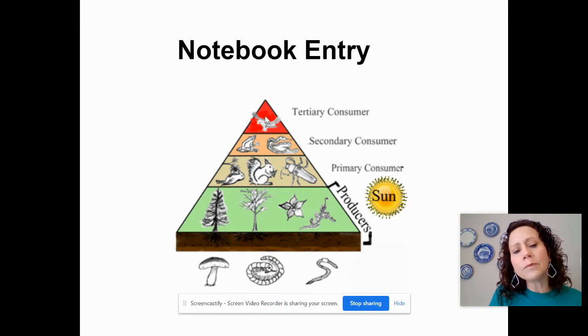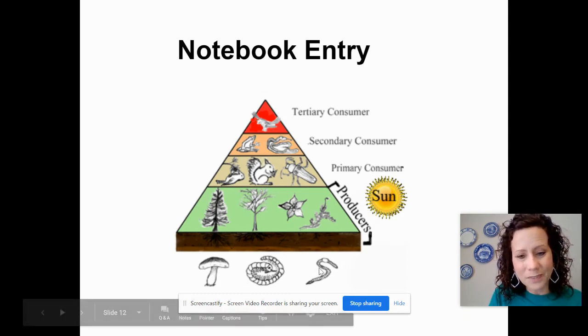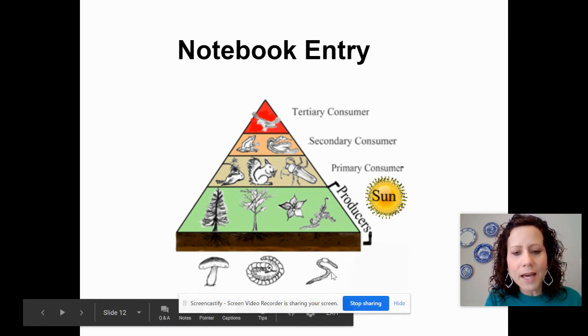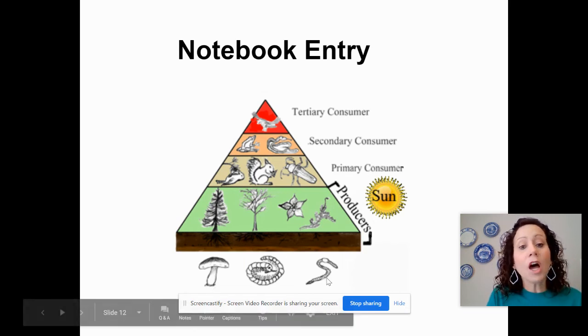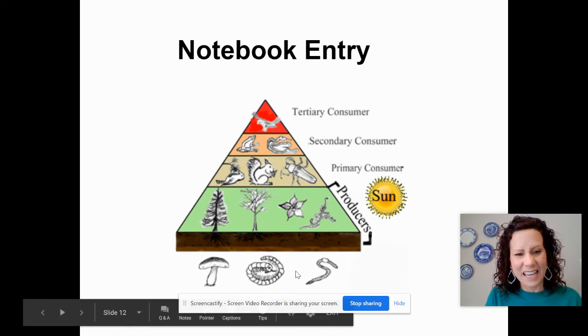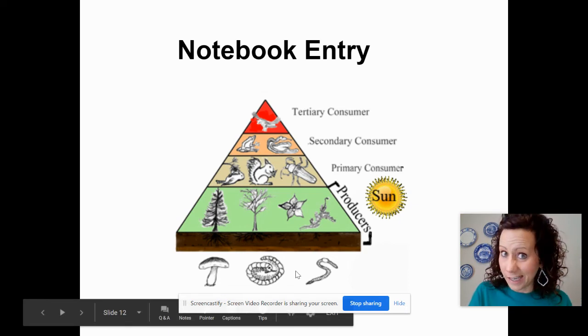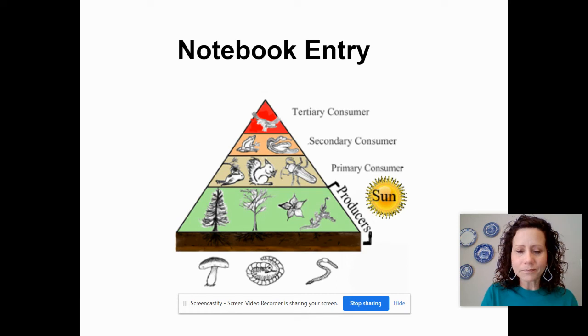And so the animals at the top get the least amount of energy. So the tertiary consumer is at the very top of the food chain. Down here, we see these decomposers, worms, mushrooms, ew, yuck. And these just fit all over the food chain, right? Because they eat everything that's dead, plus the animal waste from the things too.